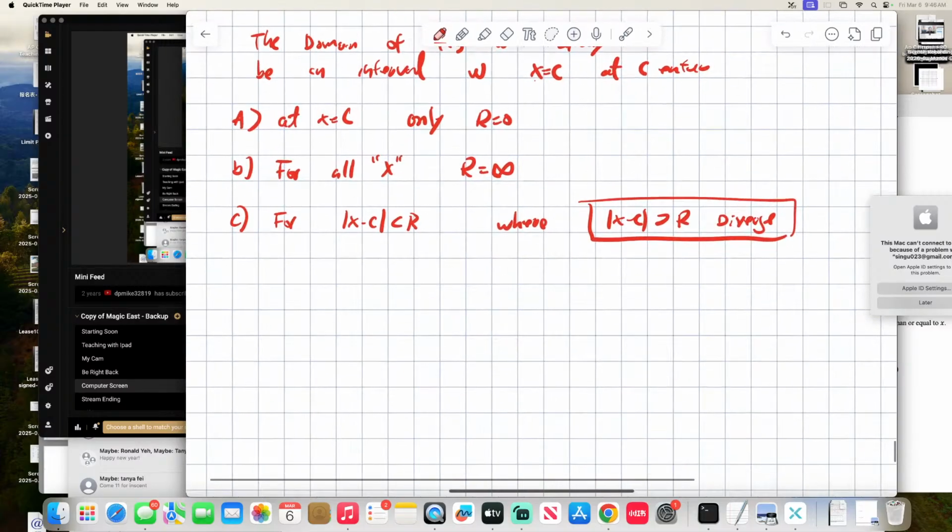We're going to talk about that. Just let me finish. R is the radius of convergence.